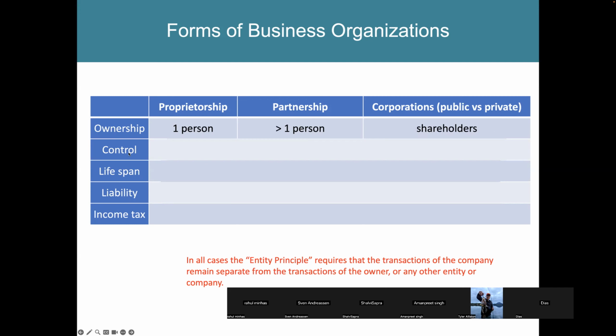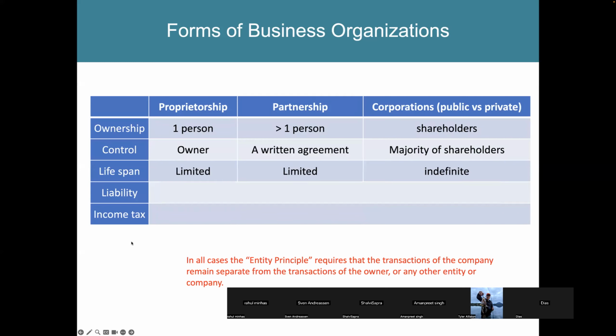In terms of control, who is the boss? The owner of the proprietorship is the boss. In a partnership, control is executed through the written agreement. The control of a corporation is through the majority of shareholders. The decision made by the majority of shareholders would rule, okay?